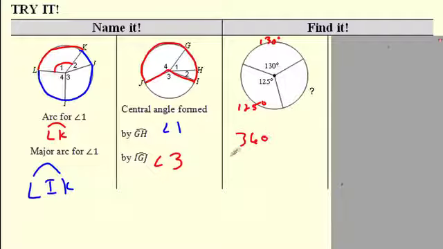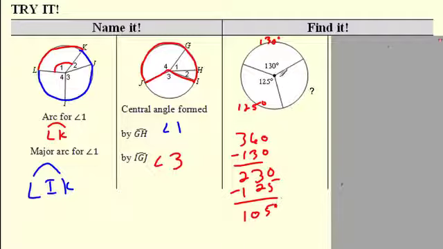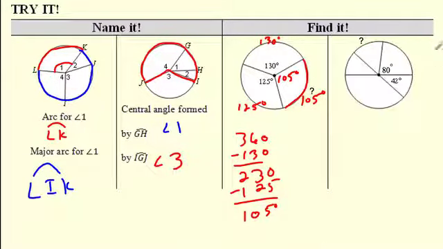So if I want to find this missing piece, I got to subtract 130 from 360. That's 230. And then I got to subtract that 125, and what am I left with? I'm left with 105 degrees. So this missing piece is 105 degrees. If that central angle is, what is this? 105. So this chunk, we say the measure of that arc length is 105 degrees.